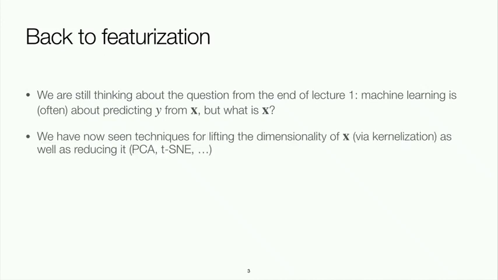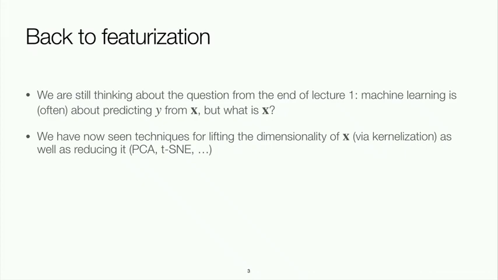What does that mean? Well, we've seen a couple of examples at this point of what that might mean. So it can mean things like, well, maybe actually what I need to do is transform X into something a little bit more expressive, lift it into a higher dimensionality via, for example, kernelization and the kernel trick. Why? Well, maybe in that higher dimensional space, I can build simple models like linear models that work better, right? That was part of the motivation behind kernelization. And we've also now seen techniques in dimensionality reduction, right?